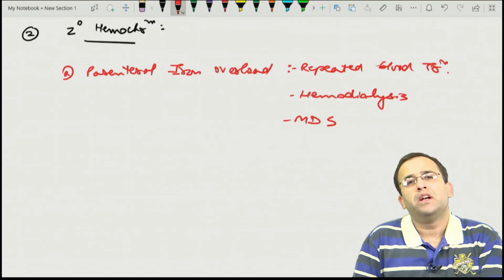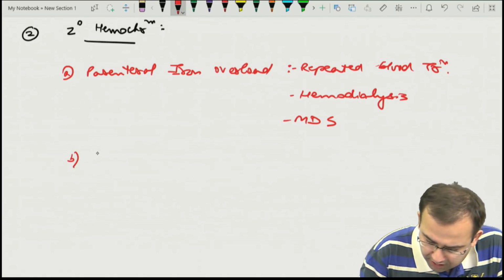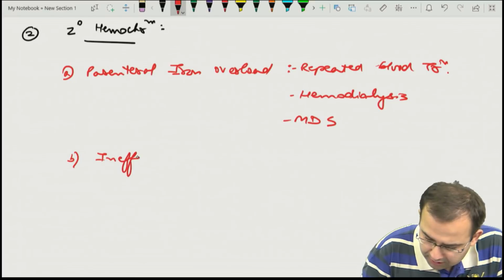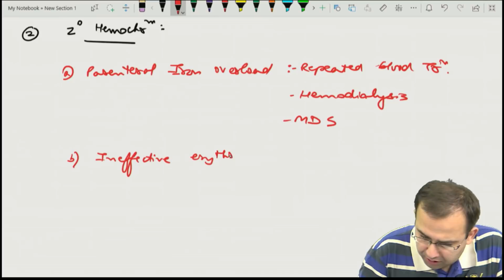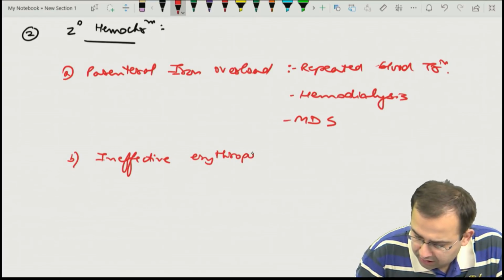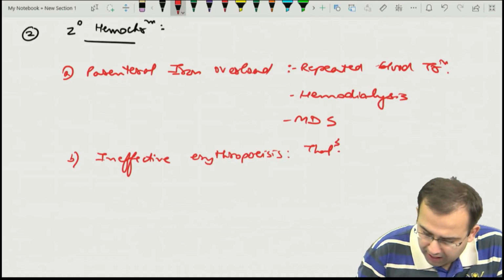Next, it can also be because of ineffective erythropoiesis, as is associated with thalassemias.